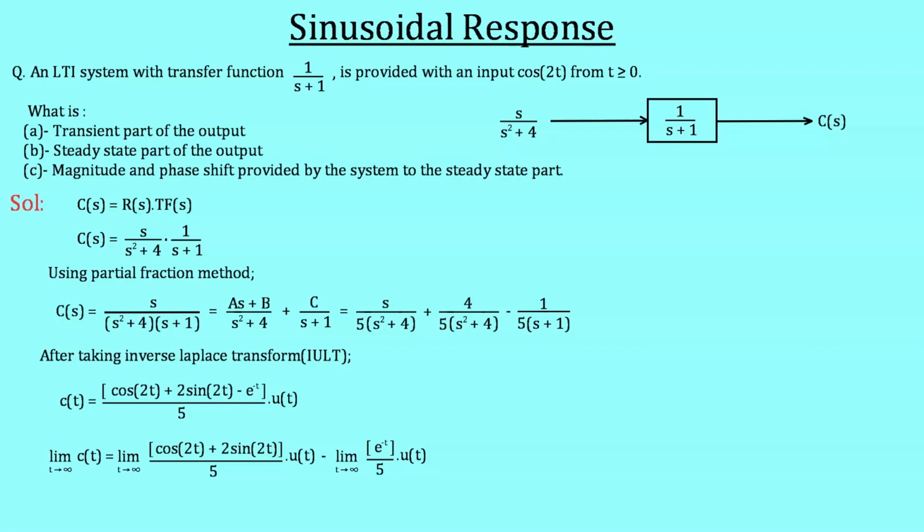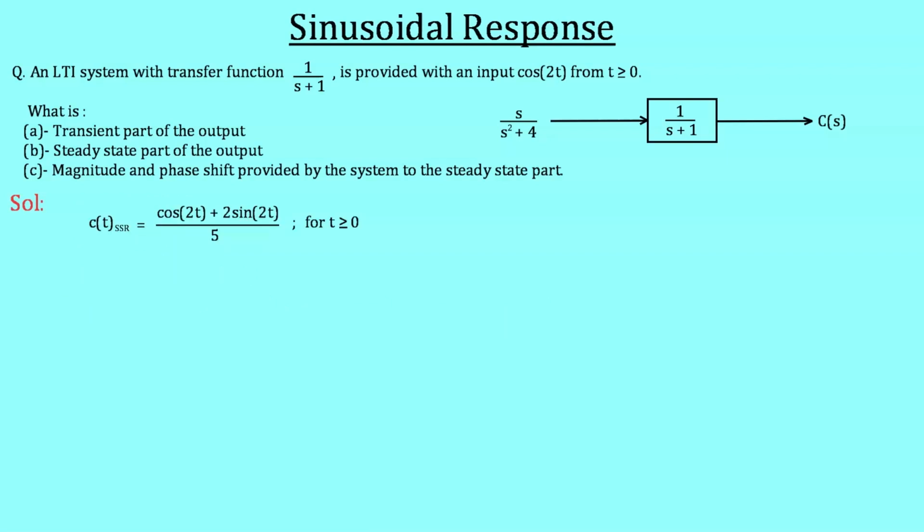But the expression Euler's number raised to the power minus t divided by 5 will die out when time tends to infinity. So the steady state response is equal to cos 2t plus 2 multiplied by sin 2t divided by 5, the whole being multiplied by the unit step signal, whereas the transient part of the output is minus Euler's number raised to the power minus t multiplied by the unit step signal divided by 5.